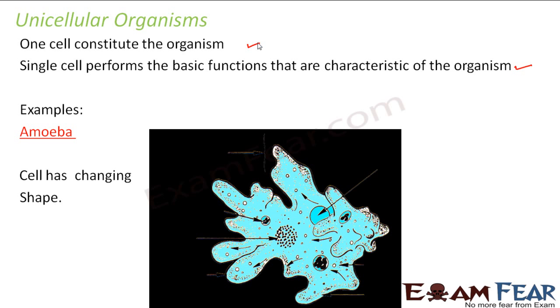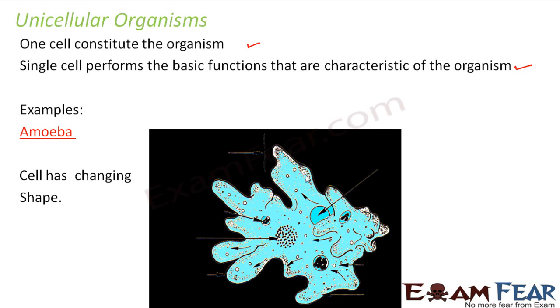This is how an amoeba looks. The entire body of the amoeba just has one cell. This entire thing is one cell, and this entire thing is an amoeba. This amoeba is a shapeless microorganism, which doesn't have a fixed shape, and it is a protozoa. Where do we generally find amoeba?